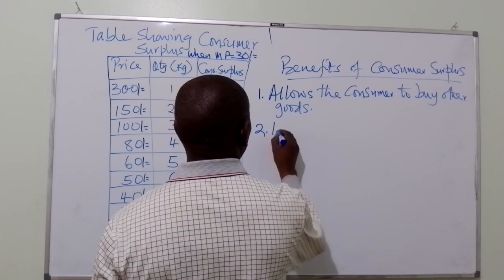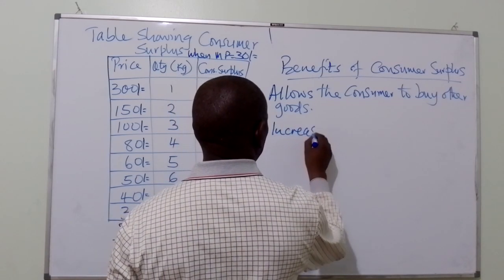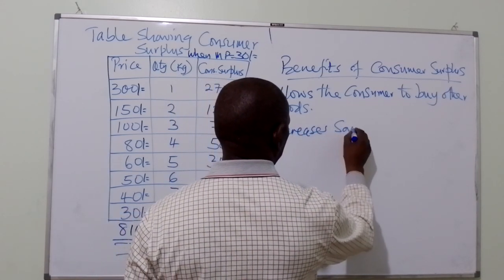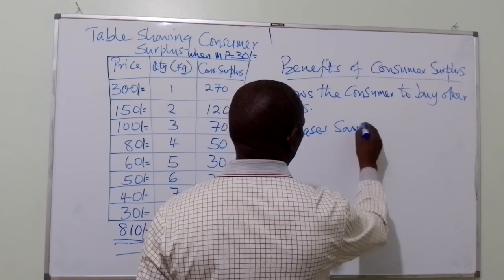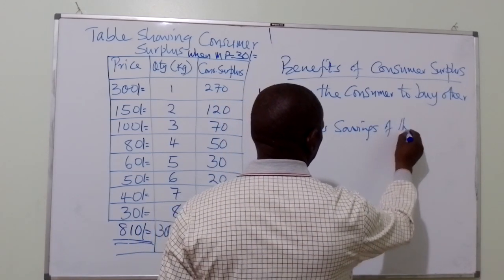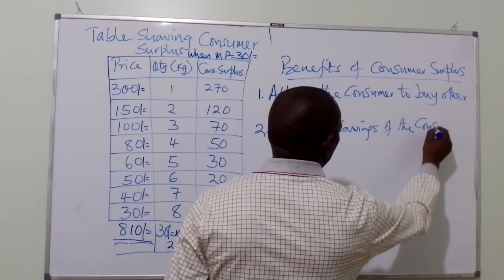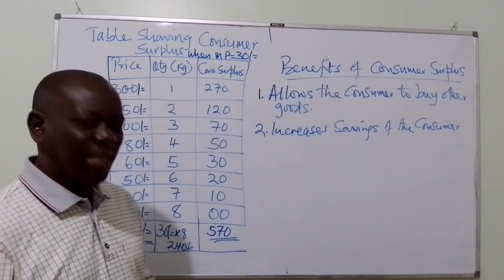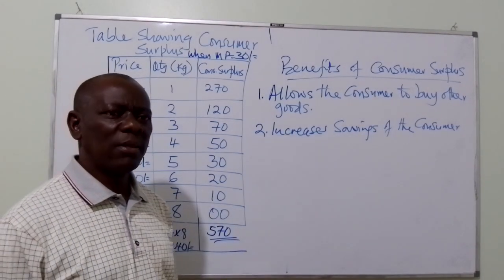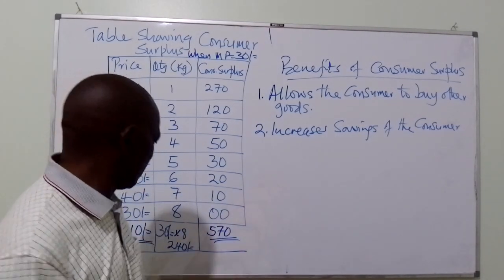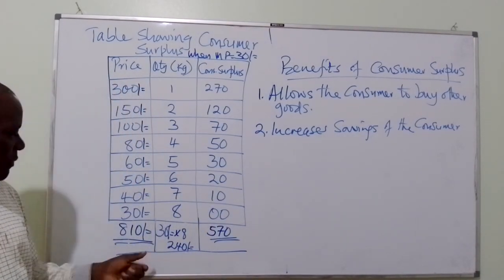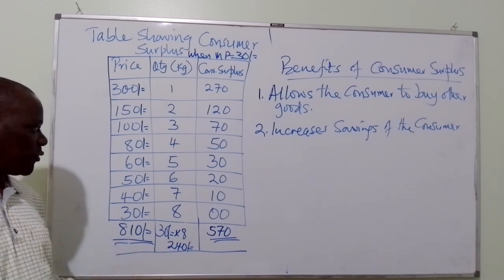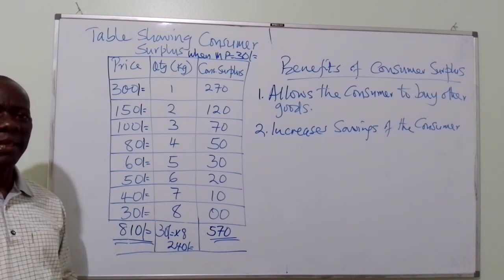Number two, it increases savings of the consumer. The savings are increased. Why? The consumer who had made this budget, I'm sure his income is not 810.